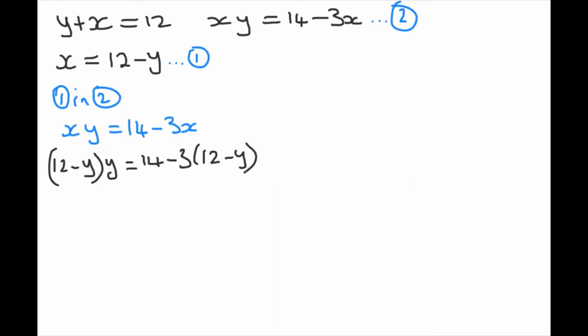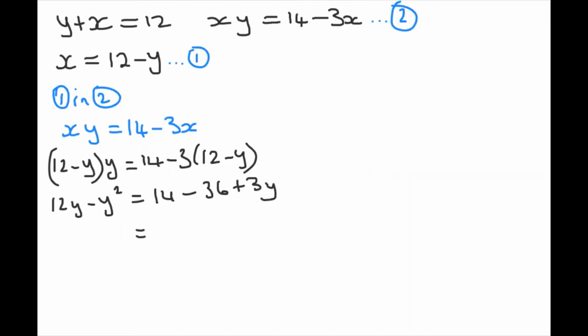I've just substituted, wherever I see x, I put the 12 minus y. Now I just multiply out. 12 times y is 12y minus y squared equals 14 minus 36 plus 3y. Again, you can look at my previous videos on simultaneous equations where I go into much more detail.